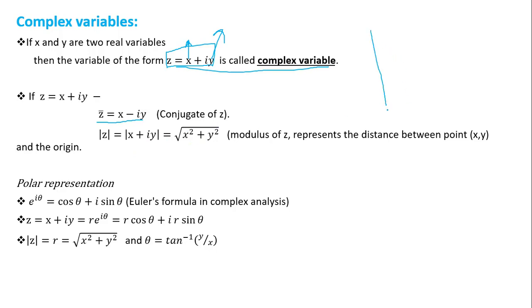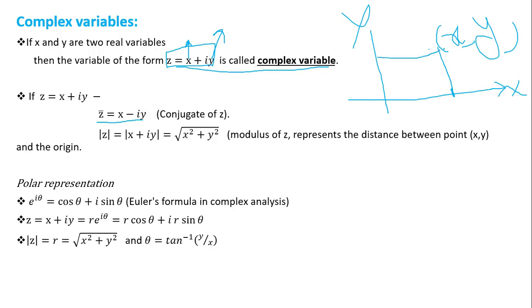We can see it in a figure. Suppose this is the x-axis, this is the imaginary axis. Let me take this point as x comma y.